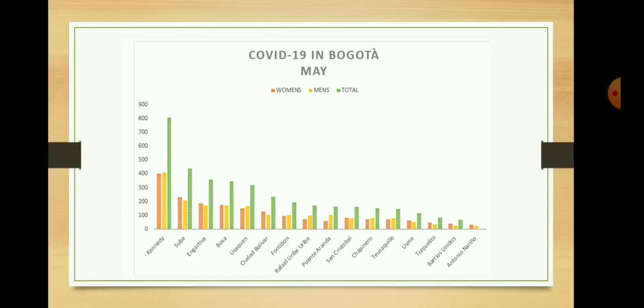This is a bar chart about COVID-19 in Bogota in the month of May. The bar chart gives specific information, but it's not necessary to use text for this case. There are colors to identify the different aspects and items.